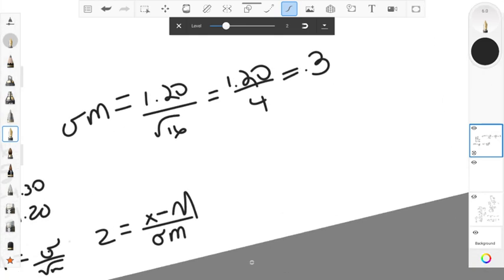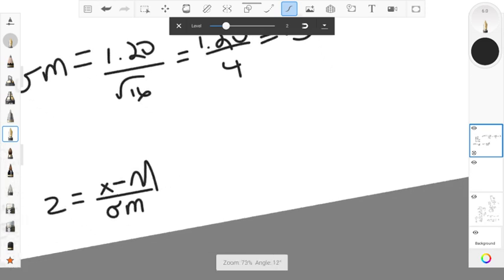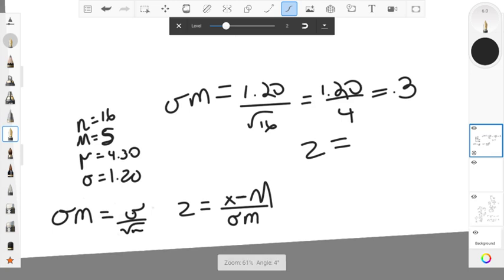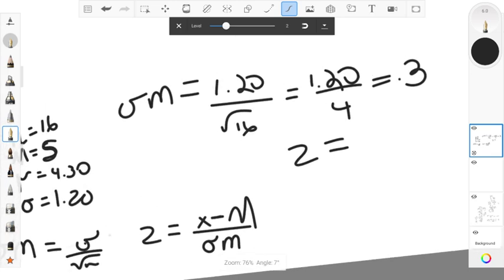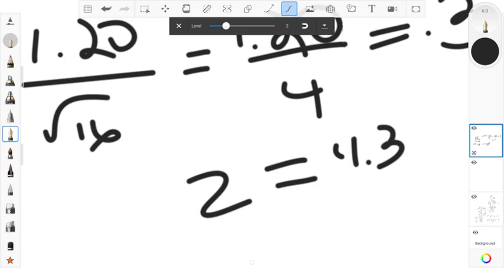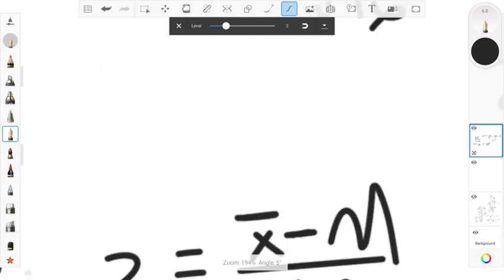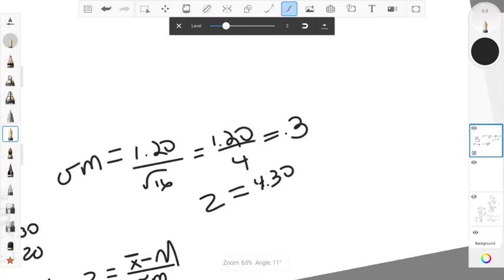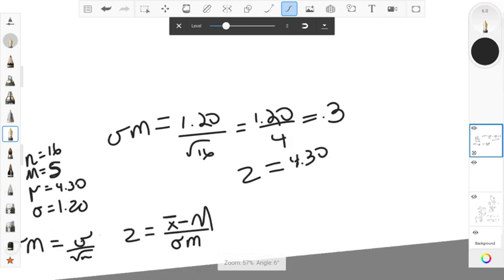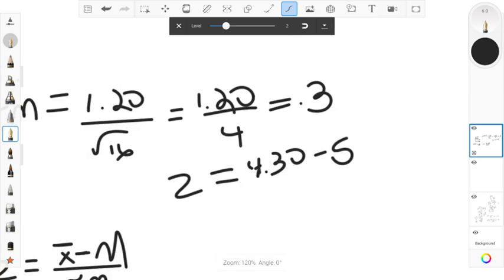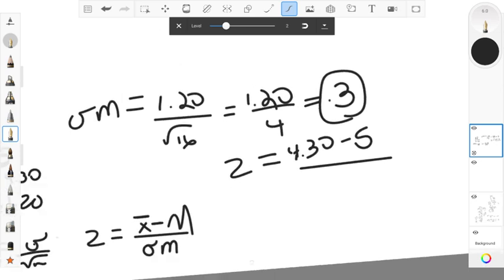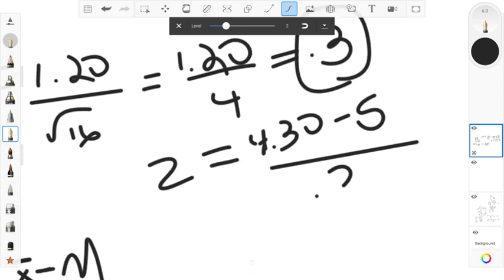Then we'll do our z-score. Our z-score is equal to our x, which is our mean, 4.30 — sorry, I didn't put the little bar over the x — minus our M, and divide that by our sigma m, which we got up here, which is 0.3.